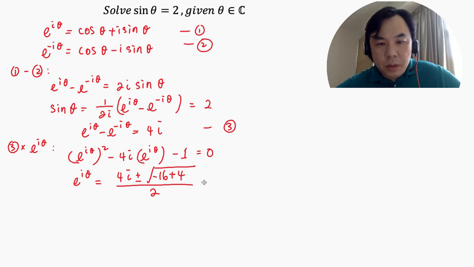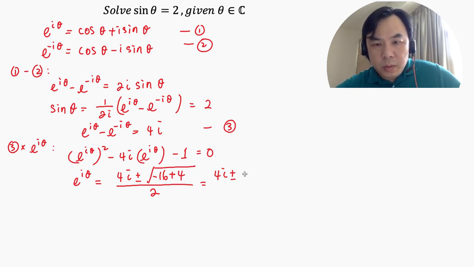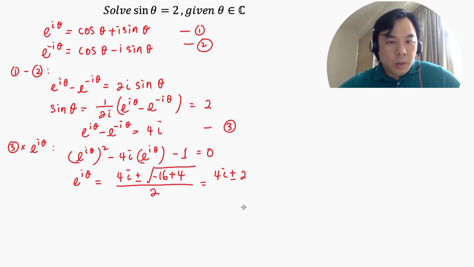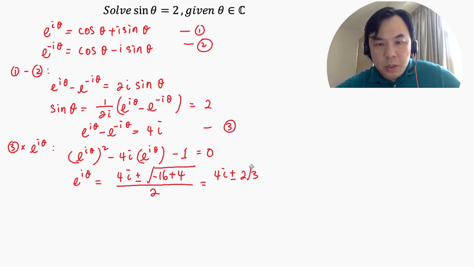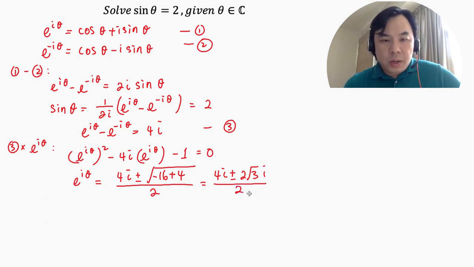Now from here, you can simplify that further. So this one can be written as, now that is a negative 12 there, which is 2 surd 3i, divided by 2. 2 surd 3i. Let me see whether I got it right there. So it's negative 12. That is i squared there, so that is a 12. Yep, correct.